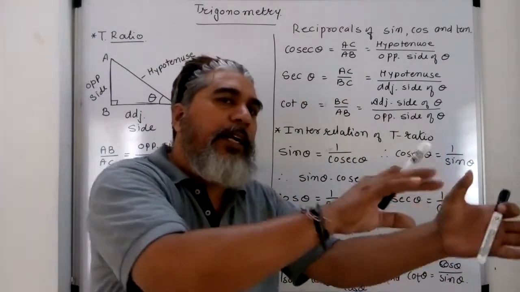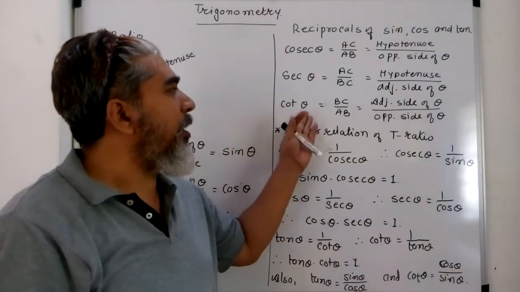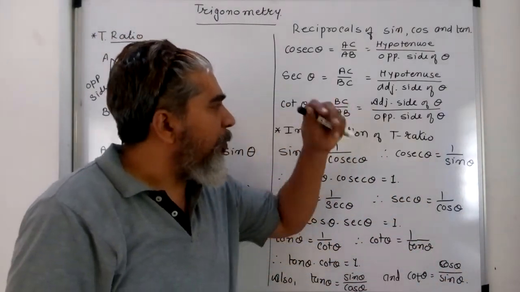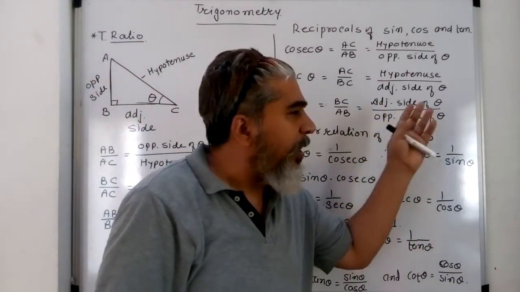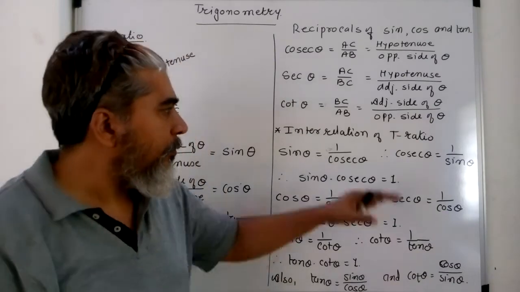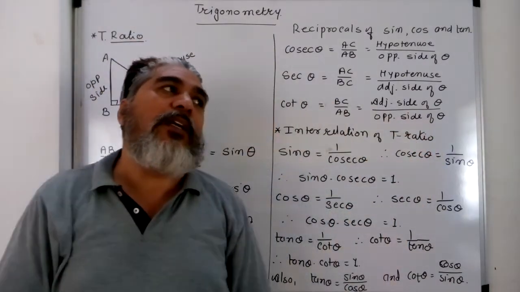Now the reciprocal of tan theta is cotangent, cot theta, that is BC upon AB, the adjacent side of the angle divided by the opposite side of the angle.